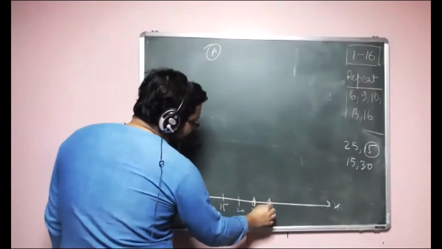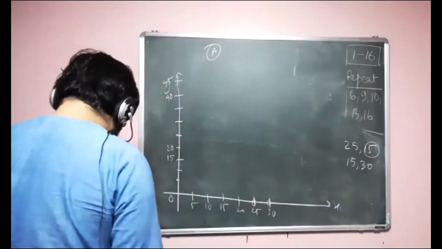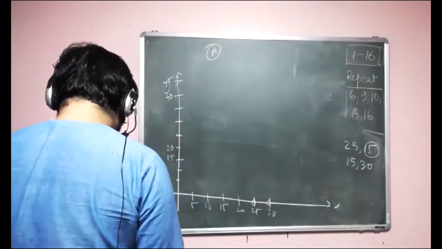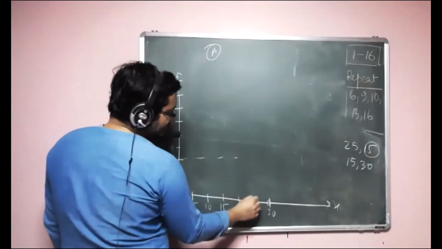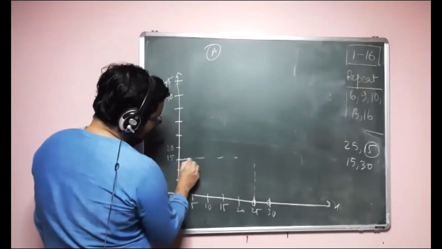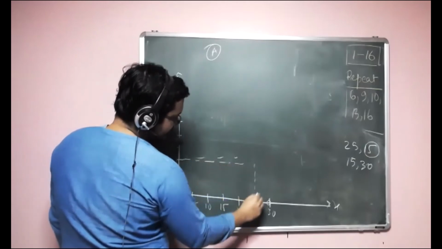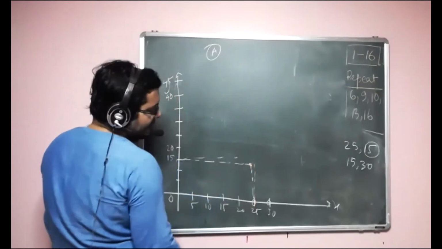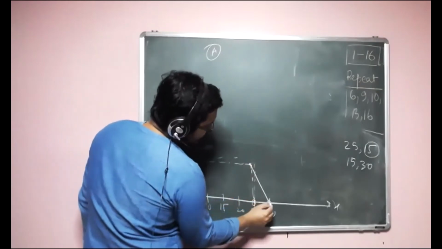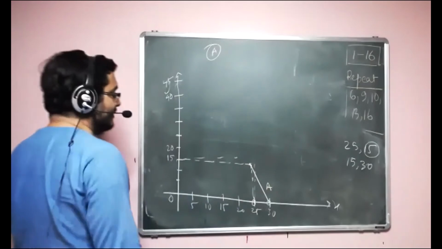So 30X. That is the maximum that A can consume. Now with 25, the corresponding number is 15. So from 25 to 30, this is A's budget line.